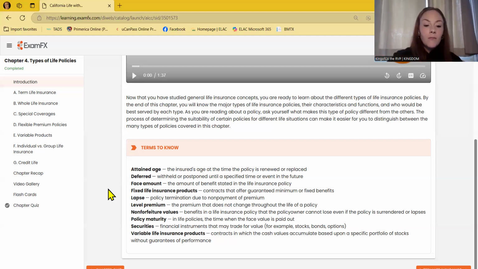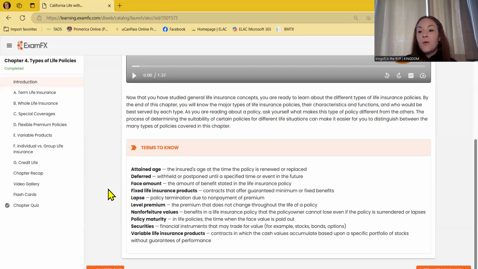Okay. All right. We have non-forfeiture values. It's just a big word for what's going to happen to the money if I cancel. Non-forfeiture values are benefits in a life insurance policy that the policy owner cannot lose even if the policy is surrendered or lapses.